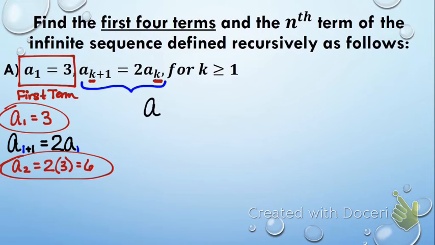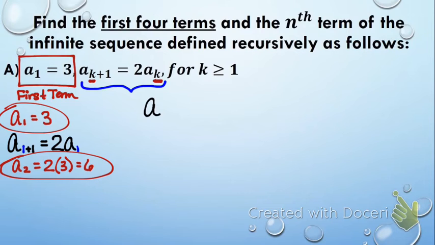So 1 plus 1, this will find the second term in the sequence. Okay. So I have to do 2 right here times, remember I put 1 in the place of k. So that's A1. The first term in the sequence was what? It was 3. A recursive definition says I have to know the one that came right before it to find the next one. Yes, sir?